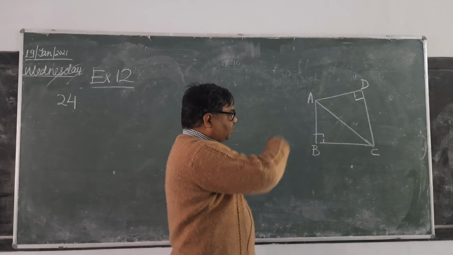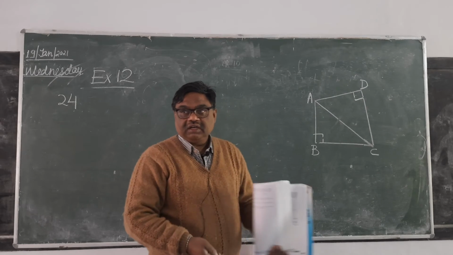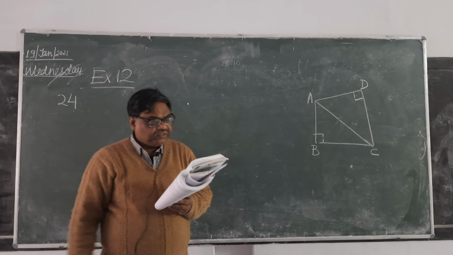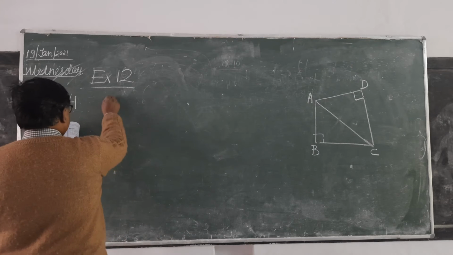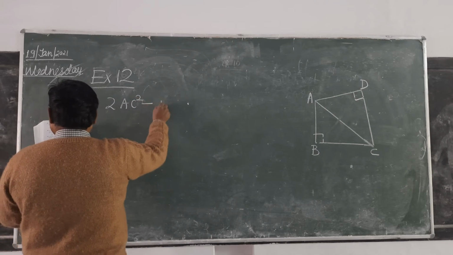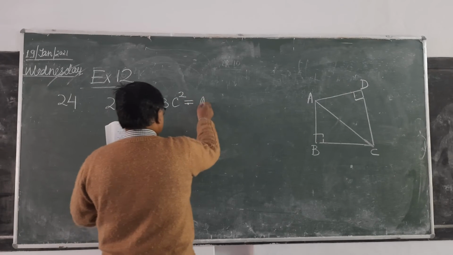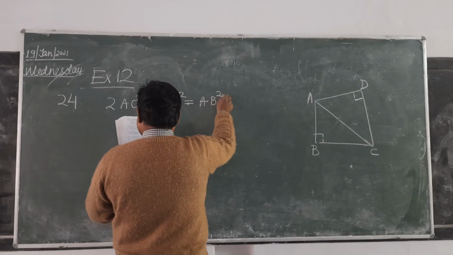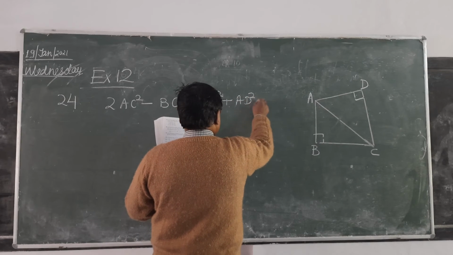Because on joining BD, we will not get any right angle triangle. So we will join AC. It's clear? You have to prove 2AC square minus BC square equals AB square plus AD square plus DC square.